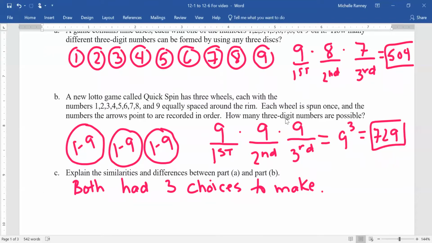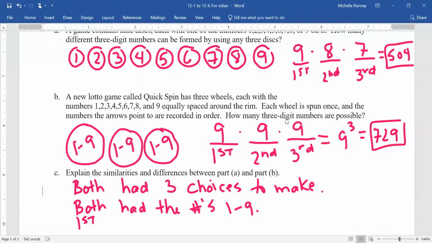Both were using the digits 1 through 9. And the difference was the first one we were not allowed to repeat, and the second one we were allowed to have repeats.